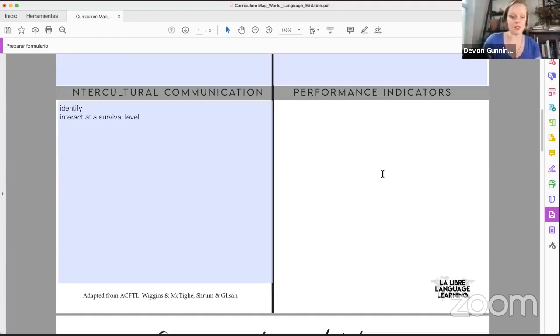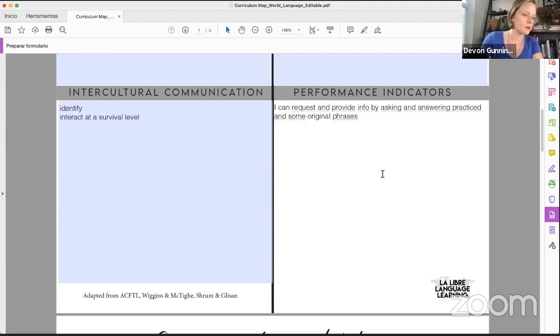And this is what ACTFL says. For a novice high, it's: I can request and provide information by asking and answering. Don't mind my typos. Practiced key phrases, not original, and some original phrases.